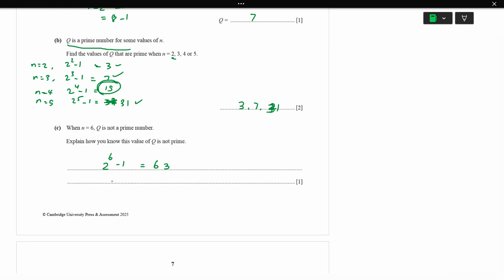So 63 is divisible by 9 and 7. So that's why it's not a prime. A prime number has only the divisors 1 and the number itself, but here there are other factors, so it's not a prime number.